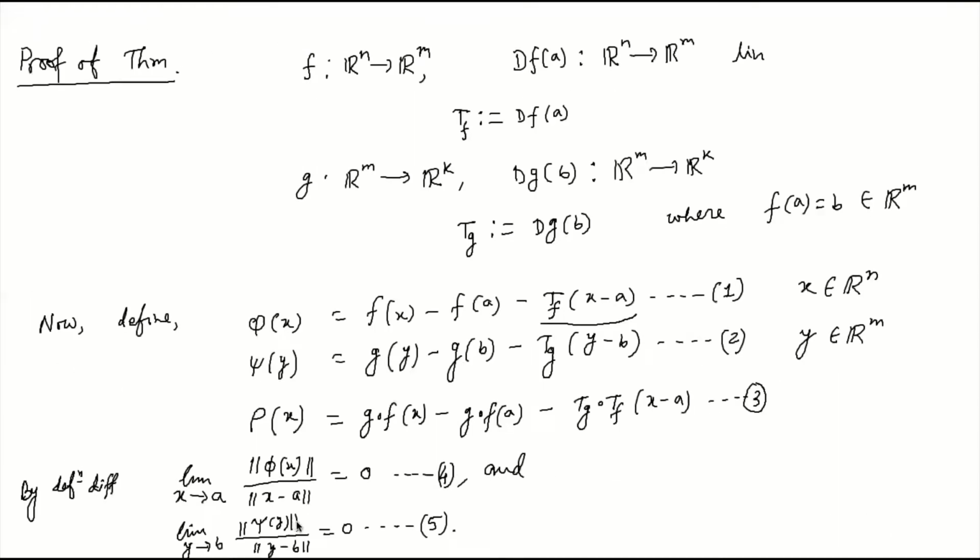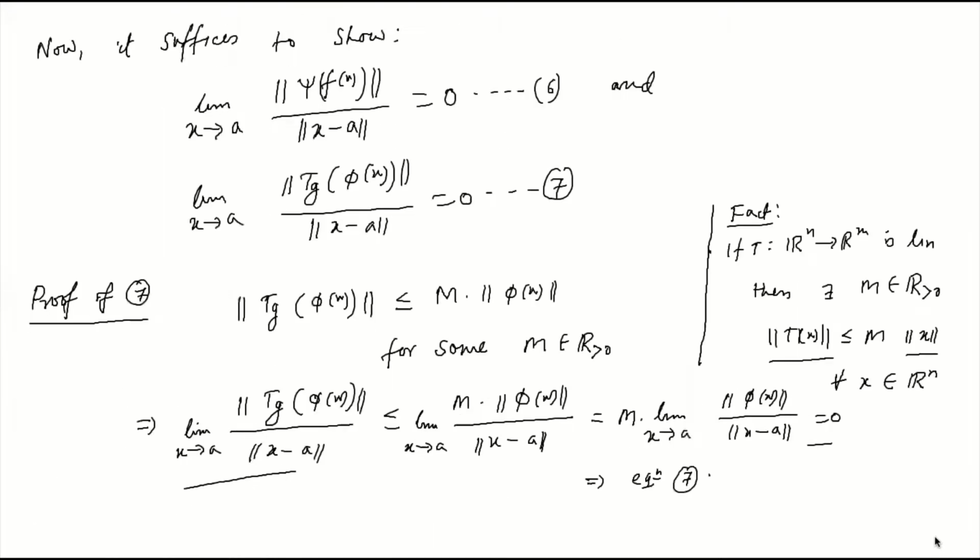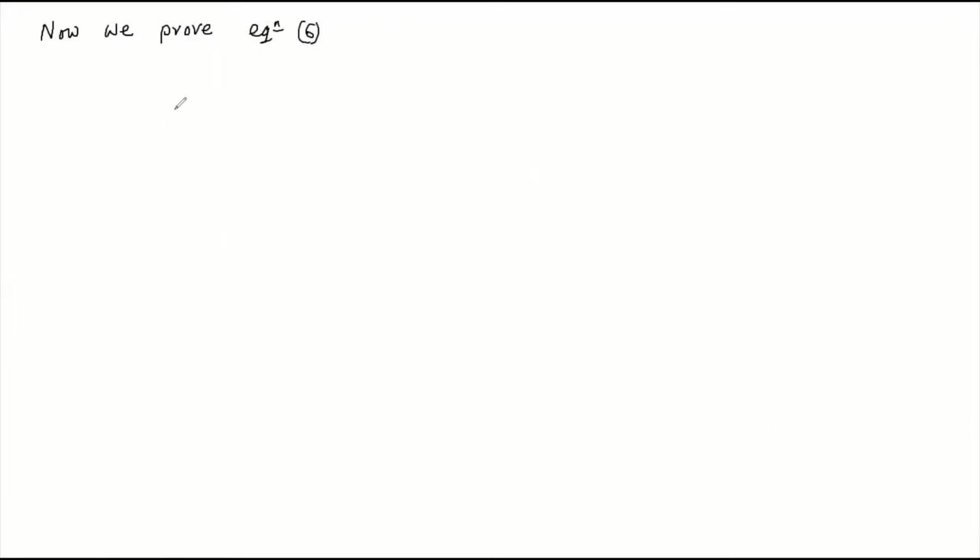Let me write equation number 5 over here: limit y tends to b, norm of psi of y over norm of y minus b, is equal to 0.